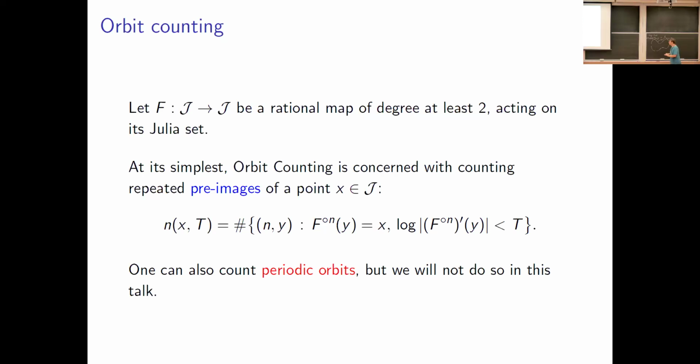So what we do is we look at this counting function. We count the number of preimages Y, which map to X in some number of steps with a bound on the derivative. So this is a central object of this talk.